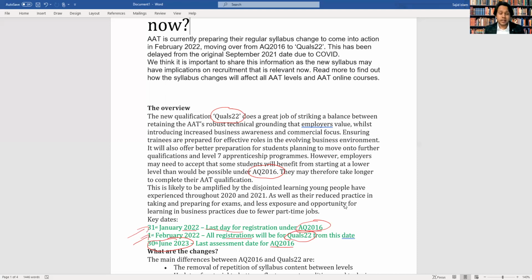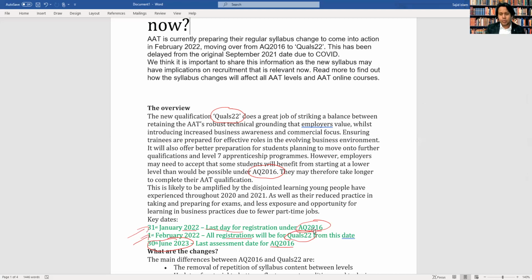So you'll move to the new syllabus, but you don't have to do this paper. It's a kind of exemption, but that will depend on how many papers you have done and where you are starting. They might ask you to do some more exams to complete your qualification or move to the new syllabus area. Let's have a look.